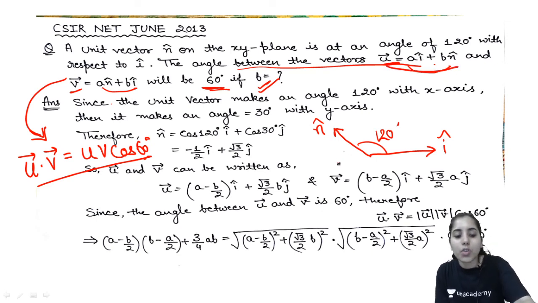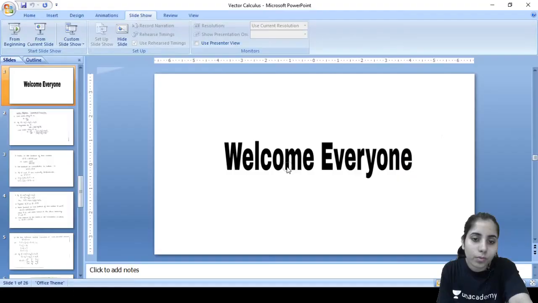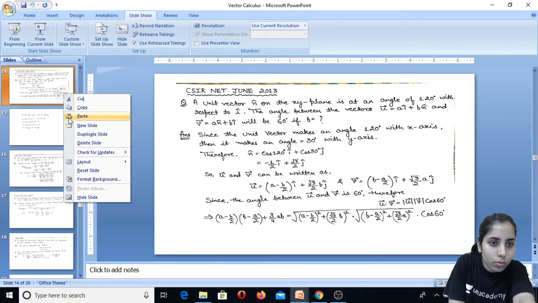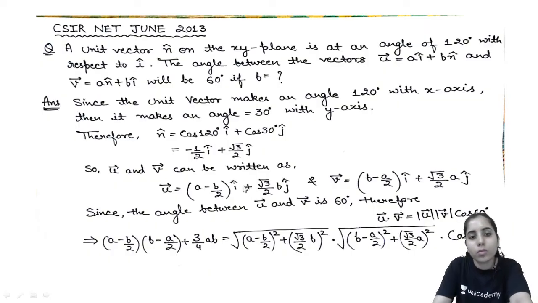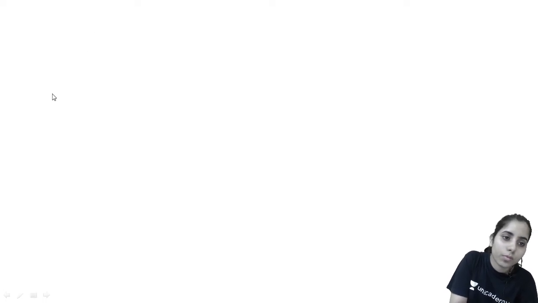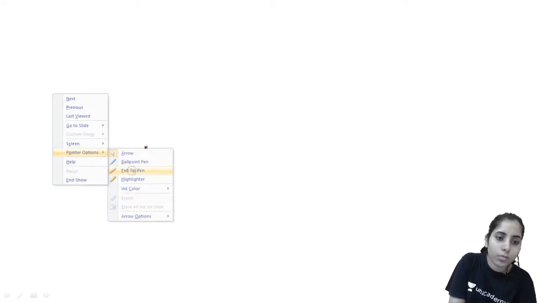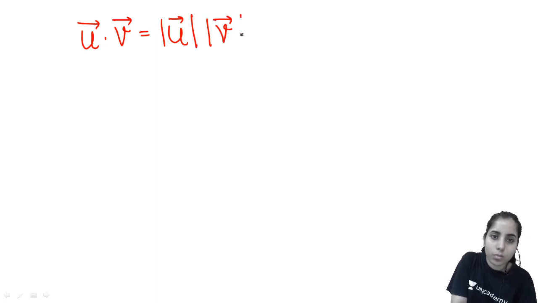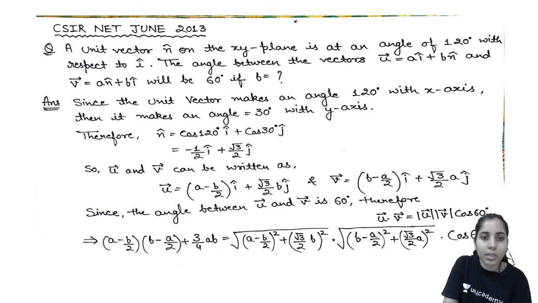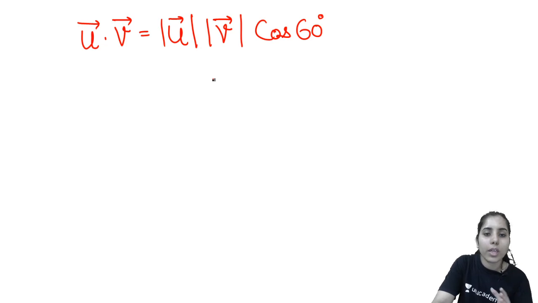Let me just take a new slide to explain this to you. Because the angle between u and v should be 60 degrees, that's why u dot v is equal to uv cos 60 degree.